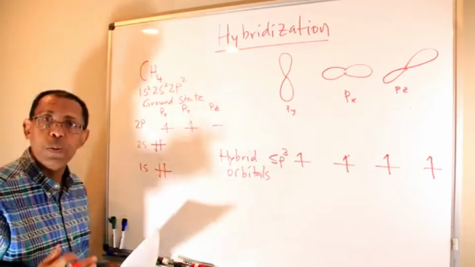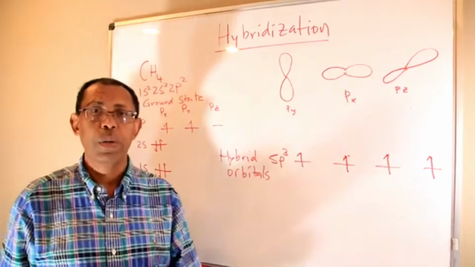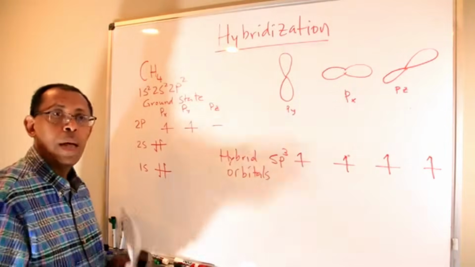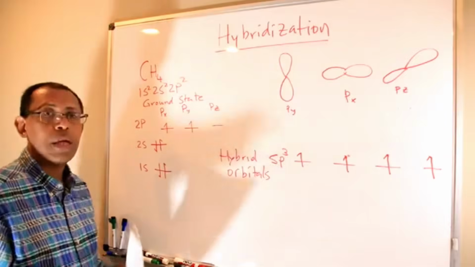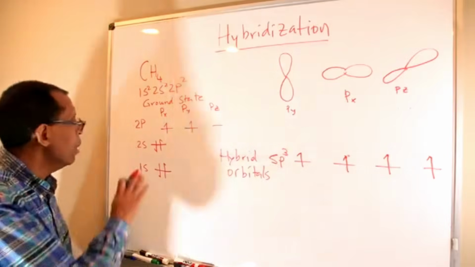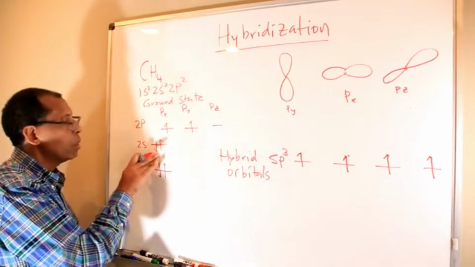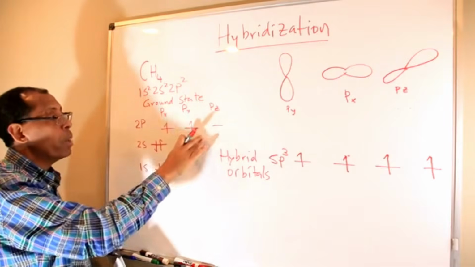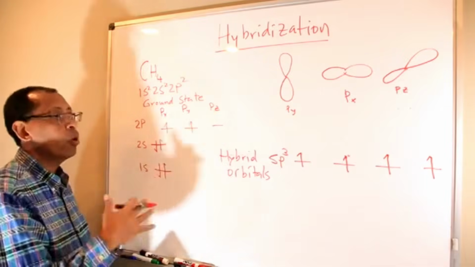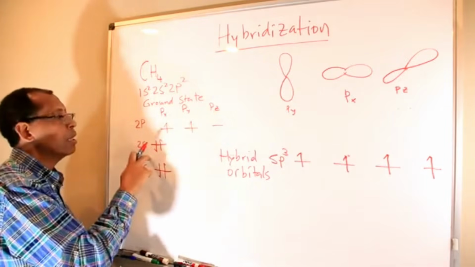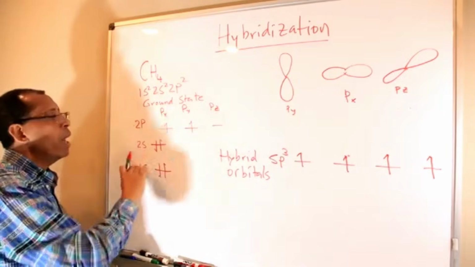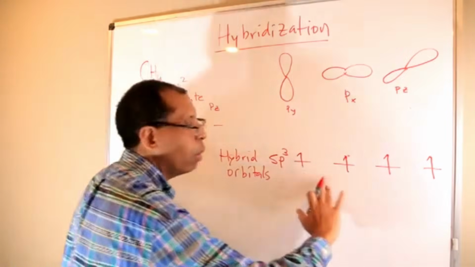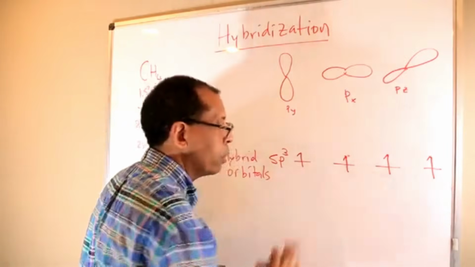But CH2 doesn't exist in nature. CH4 exists. Therefore, our mathematical approach for why CH4 is formed is that one of the s orbitals is mixed with 3 of the p orbitals to make 4 sp3 orbitals, meaning s and 3 of them, sp3 orbitals with a single electron distributed over all the orbitals.